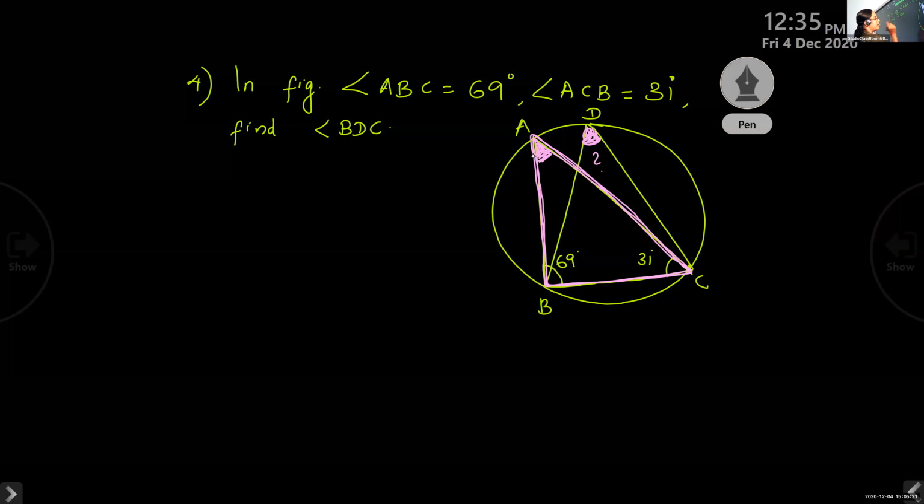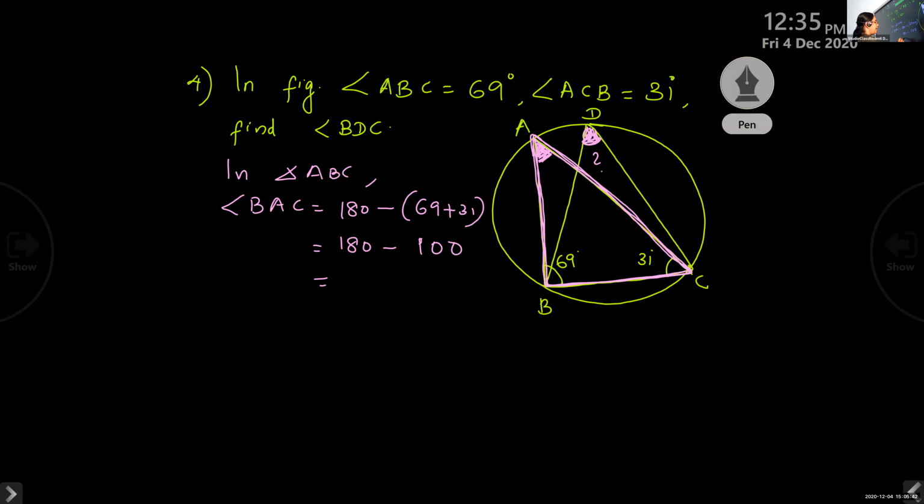So, I will write that. In triangle ABC, angle BAC equal to 180 minus 69 plus 31. So 180 minus 100, it is 80. Clear, children?